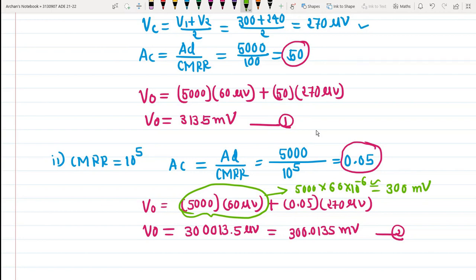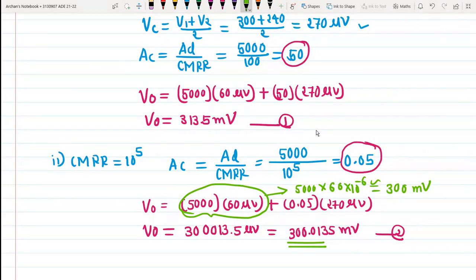So my output should be equal to 300 millivolt in the ideal case, and that is what we are getting. The output voltage is nearly 300.0135 millivolt. So we can say that we have almost rejected the common mode signal or noise or disturbance.